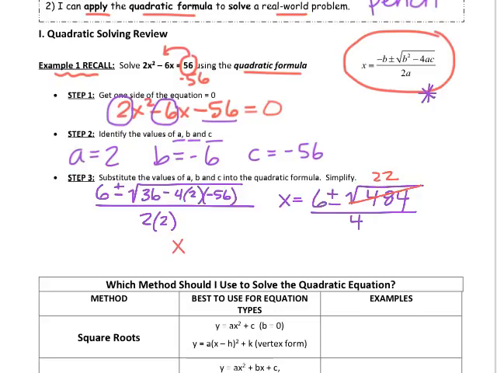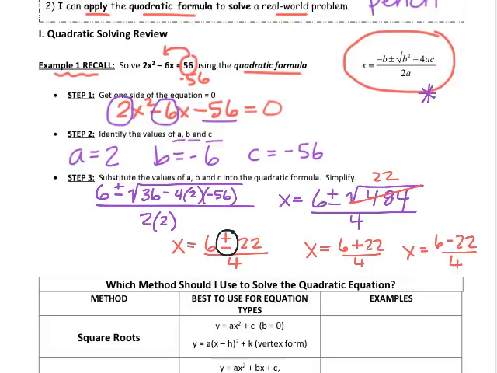So when I get ready to really simplify, I'm going to have 6 plus or minus 22 over 4. Now that gives me that x is equal to 6 plus 22 over 4, or x is equal to 6 minus 22 over 4. Remember, this plus or minus right here helps us generate two answers for x.